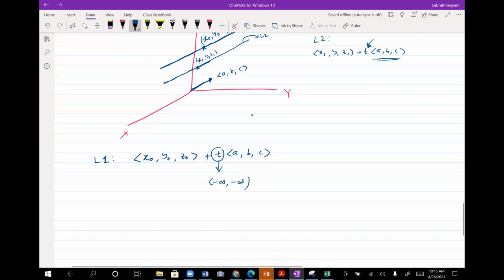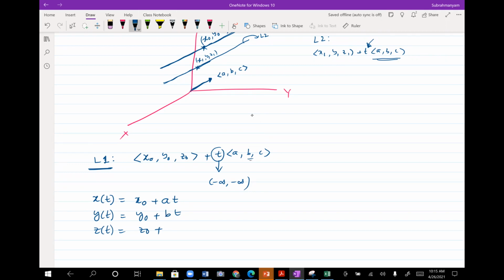Now I am writing the same thing in a scalar form. So x of t, for example, let me just take this L1, is nothing but x naught plus a times t. I was just writing in terms of vector representation, and now I am using a scalar representation. y of t equal to y naught plus b times t.